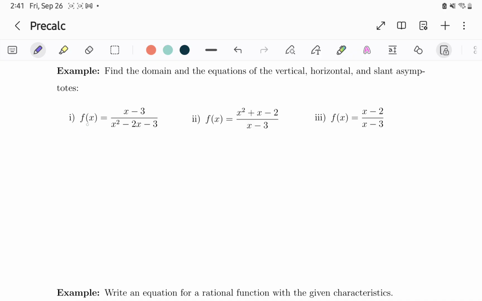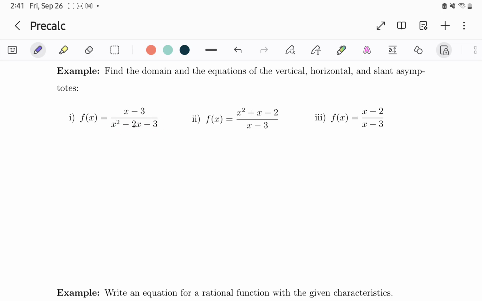All right, so for our first of these three examples, we are looking at the rational function f of x, which is equal to x minus 3 over x squared minus 2x minus 3. The first thing we want to do, since we're trying to determine what the domain is, as well as what the vertical asymptotes are, is factor this quadratic down here in the denominator for f of x.